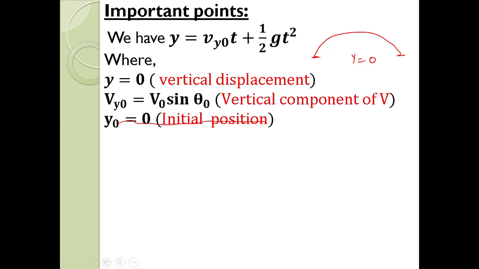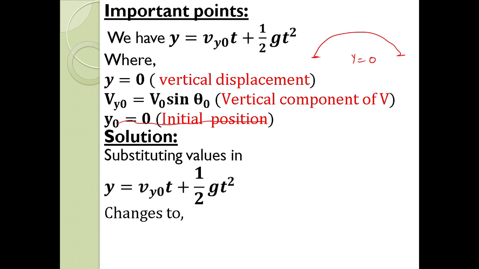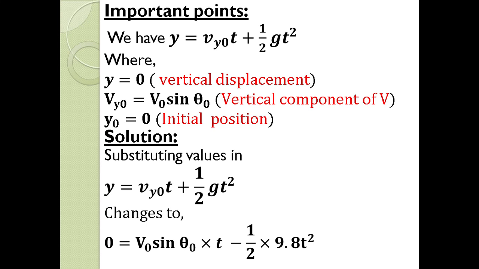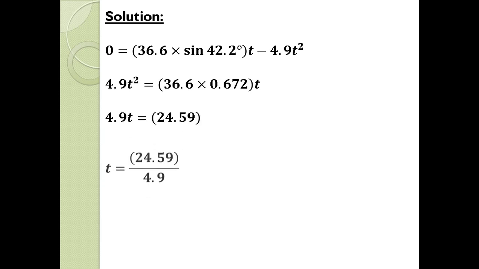Substituting the values, 0 is equal to v naught sine theta t plus half g t squared. G is negative 9.8, so the sign changes to negative half times 9.8 t squared. When I substitute these values and simplify, I get a time of 5.02 seconds. That is the time for the total flight.